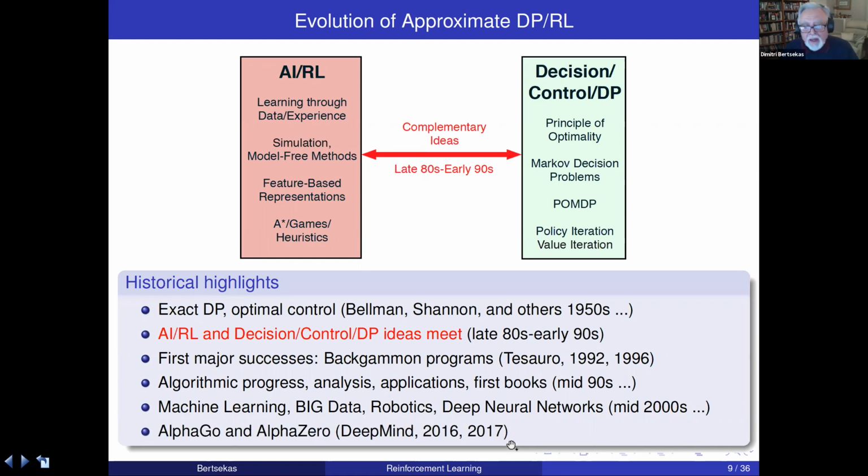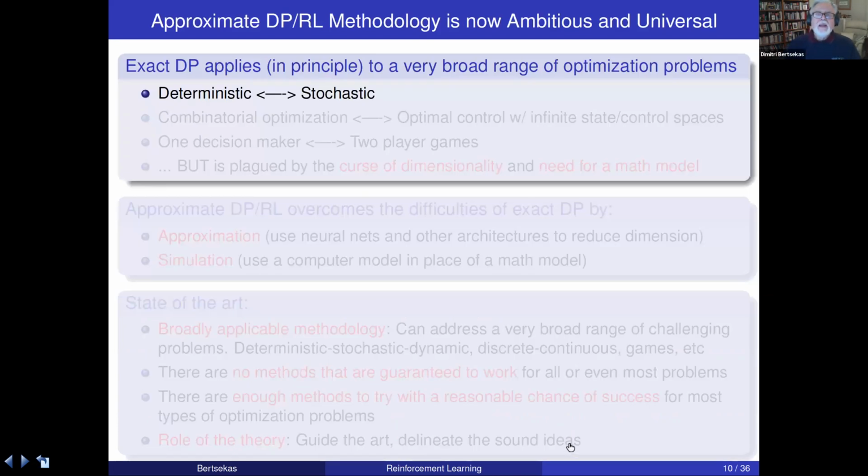And finally, there was a great enthusiasm about AlphaGo and AlphaZero, which continues until today. Reinforcement learning right now is the hottest of the hot fields of artificial intelligence. It's really hot, and there are a number of reasons for it. Here are the reasons.